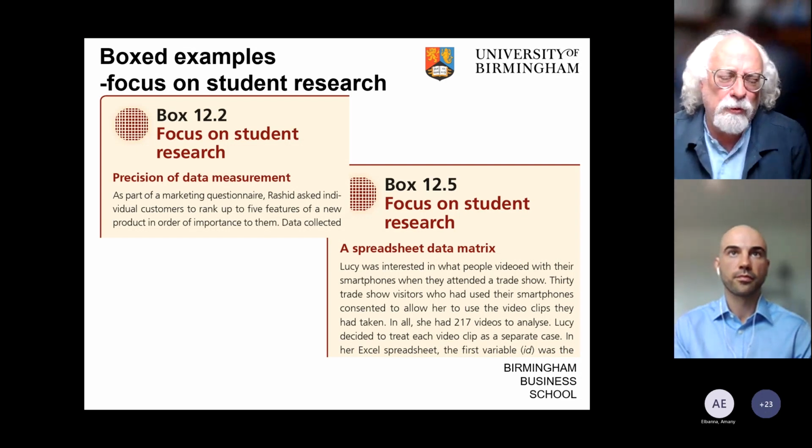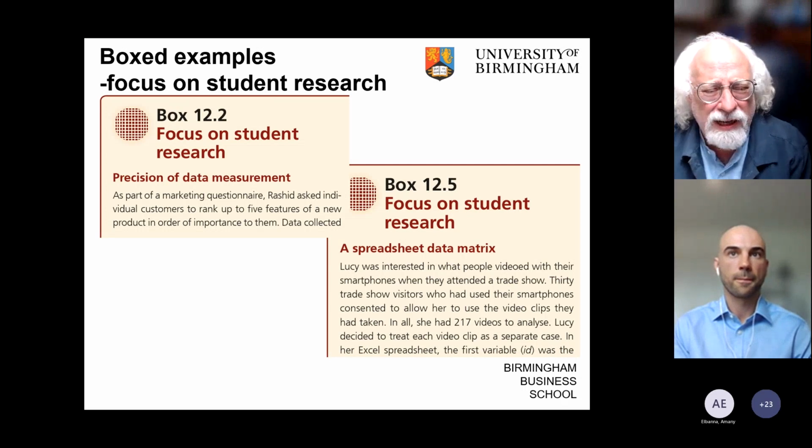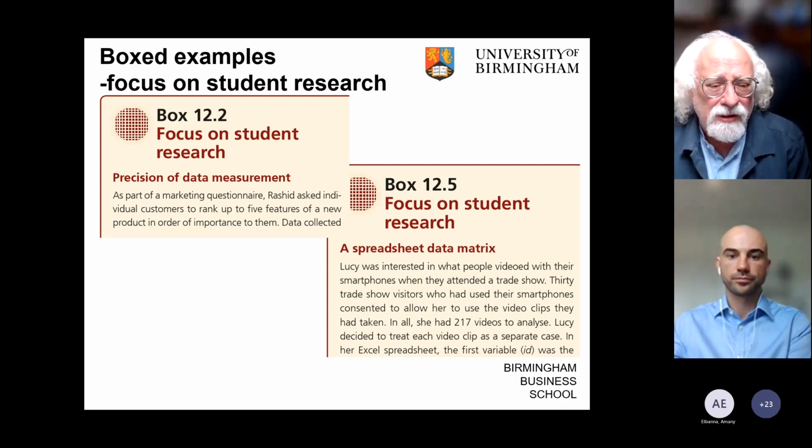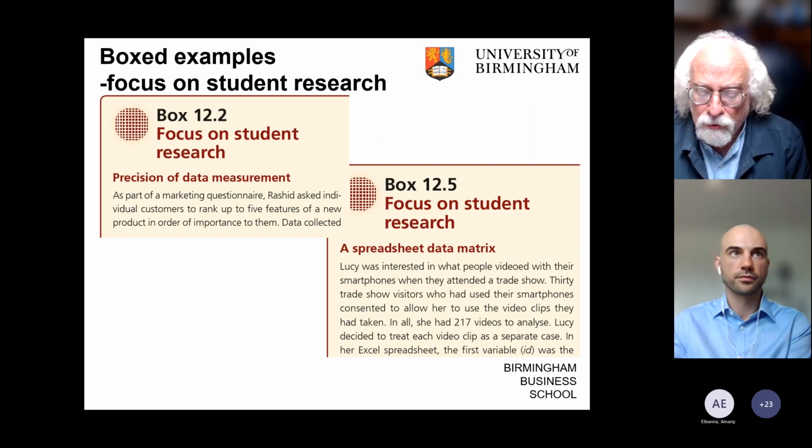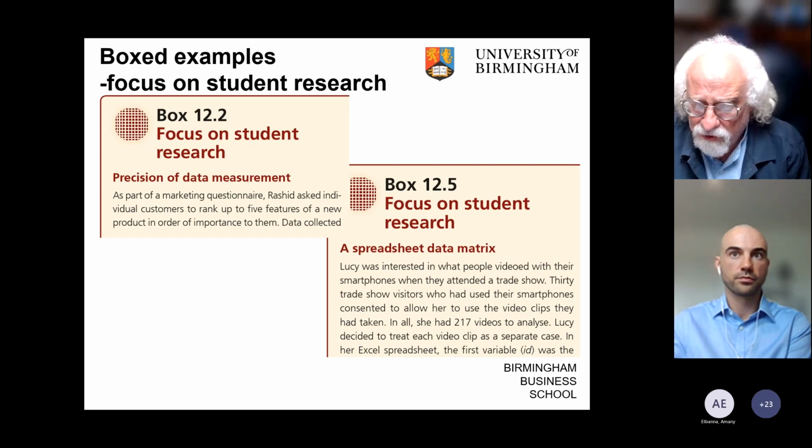So these boxes are both taken from the quantitative analysis chapter, and in box 12.2 we can see Rashid has designed a questionnaire, but it's really about collecting ordinal and nominal data, as it turned out to be, as the box progresses.